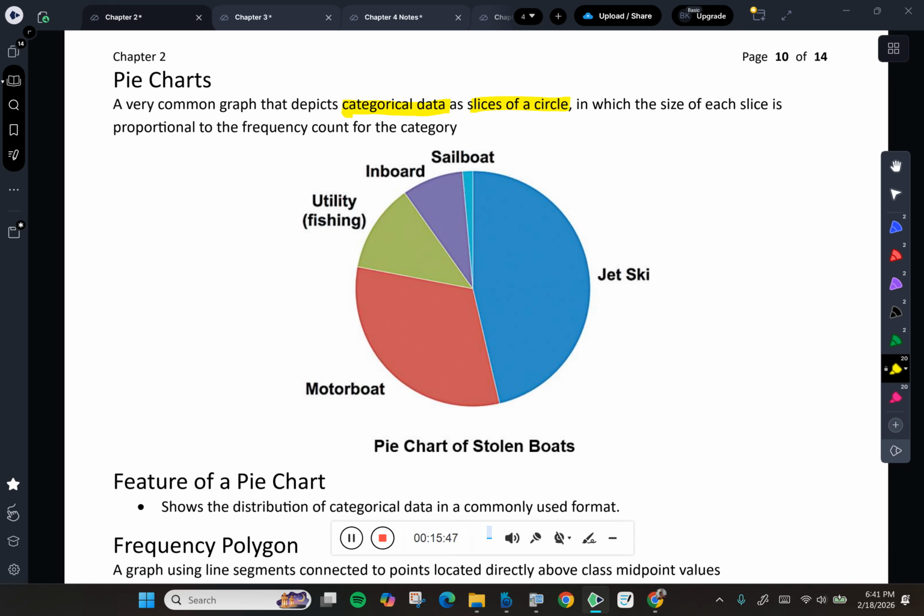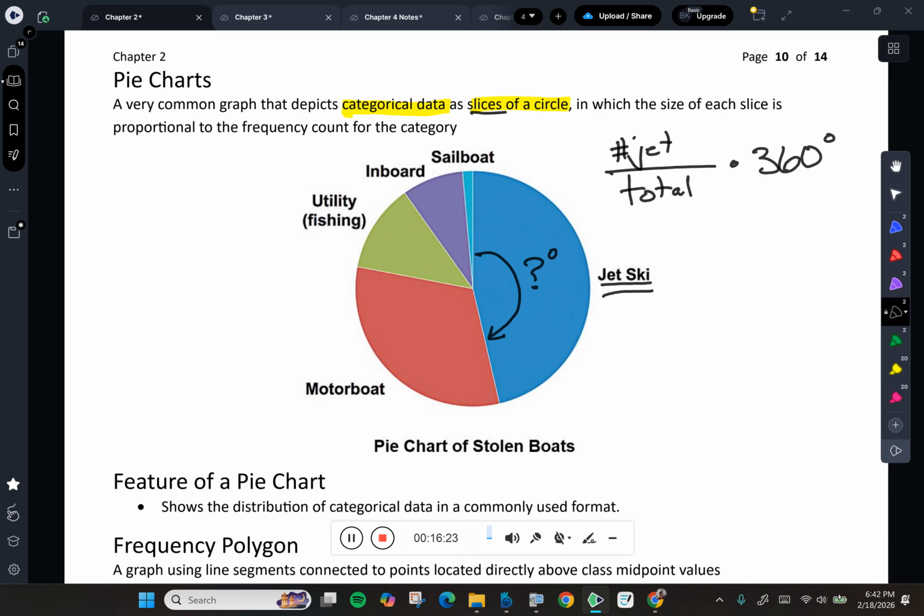And the idea here is that the relative size of a sector or a slice depends on the proportional frequency. So if I wanted to know exactly how big this is, like how many degrees that is of that circle, I would say, I've got to go back to the data, find out how many jet skis were stolen, so the number of jet skis, divide that by the total, and then multiply that by 360 degrees.